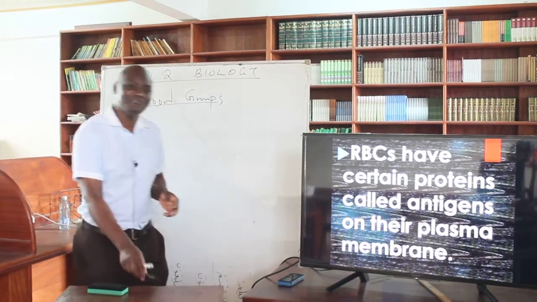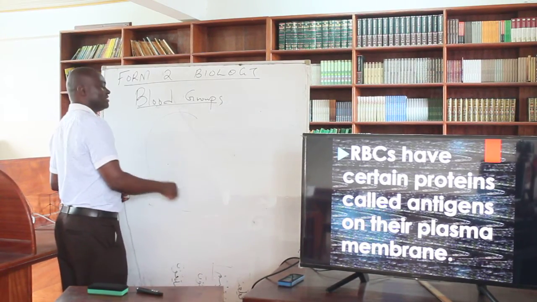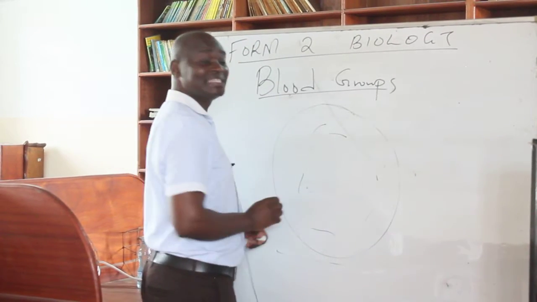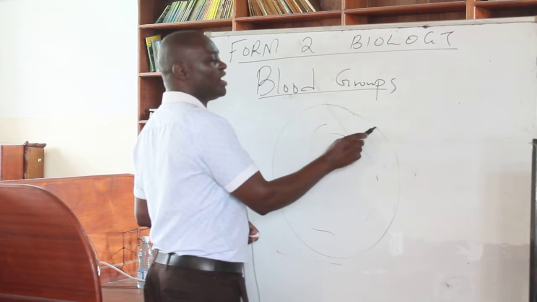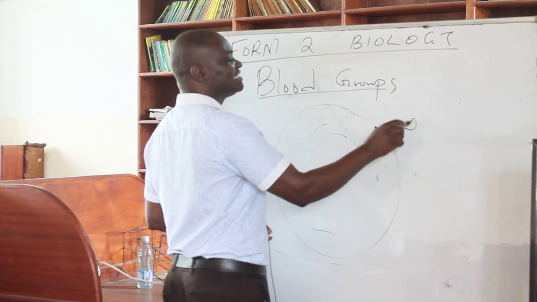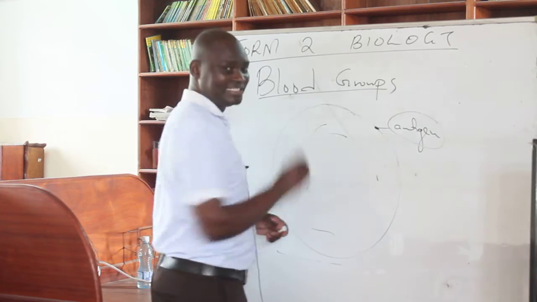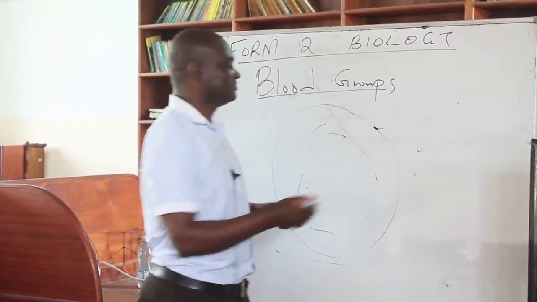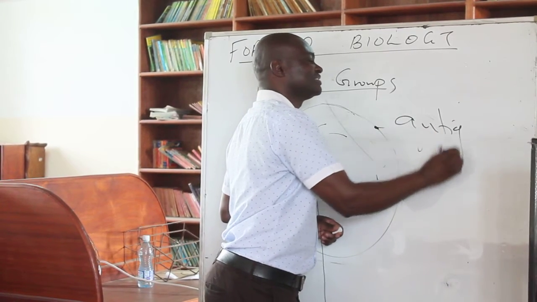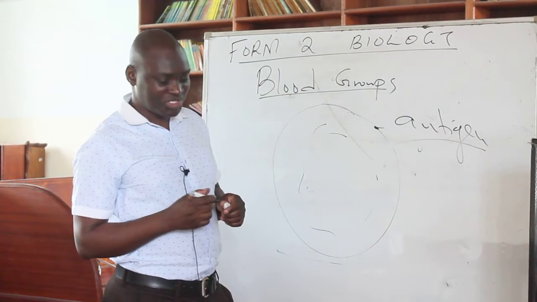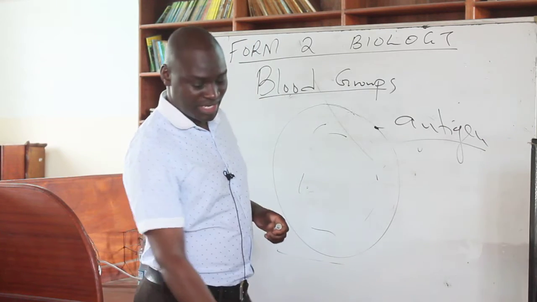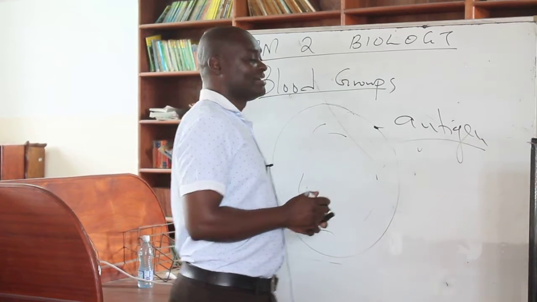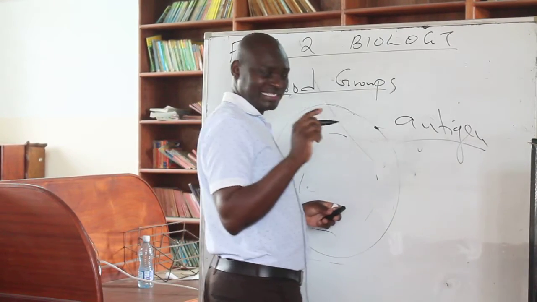So, on the surface, if this is the red blood cell, then on the surface of red blood cells, we normally have proteins that we call antigens. We have two types of antigens, and these antigens are normally named using capital letters.